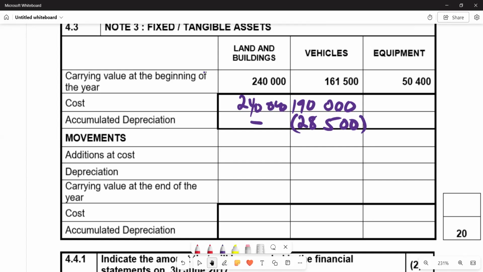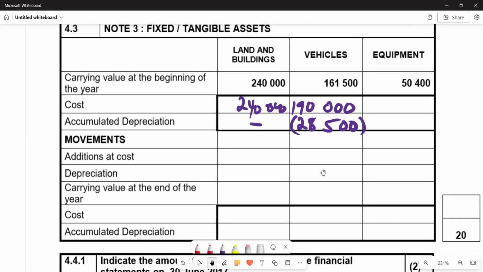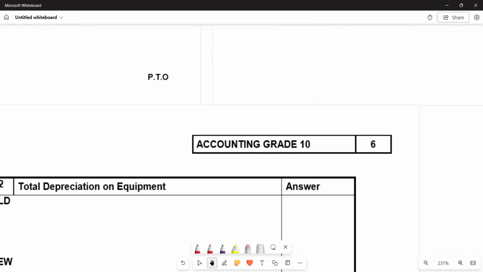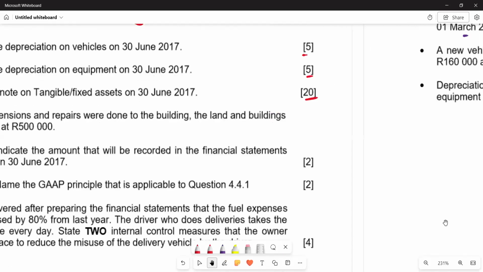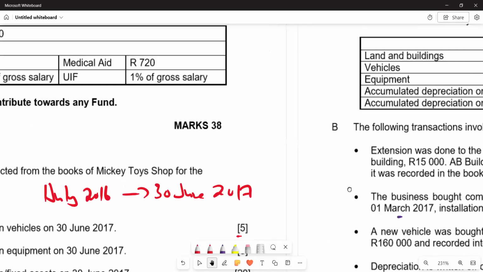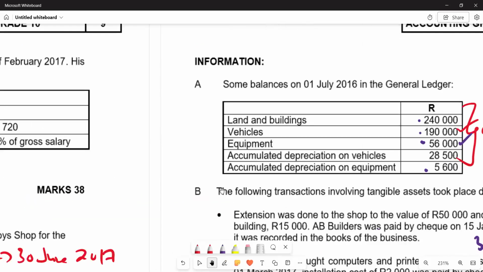Then you go to equipment and do the same; you go to the balance at the beginning of the question and see what we have in terms of equipment. Equipment, we have got a cost of 56,000 and accumulated depreciation is 5,600. We are going to enter as such.